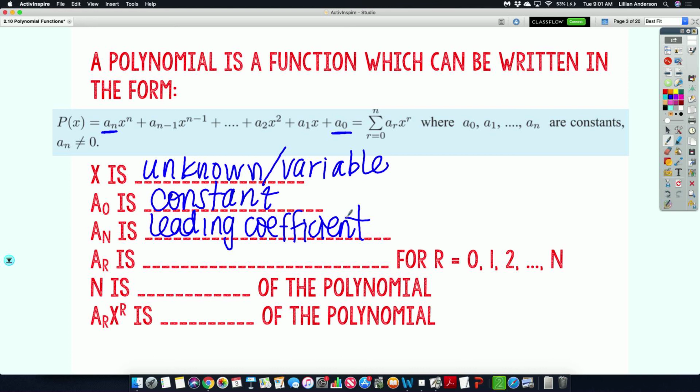Now, if you look at the condensed form of that polynomial expression, what would a sub r represent? It's still your leading coefficient? But if r is other numbers going from 0 all the way up to, let's say, 5, will it always be the leading coefficient?